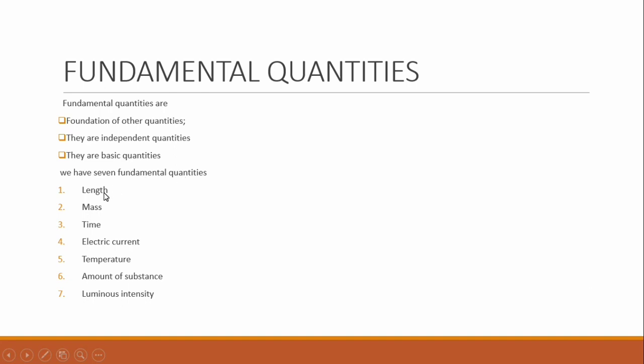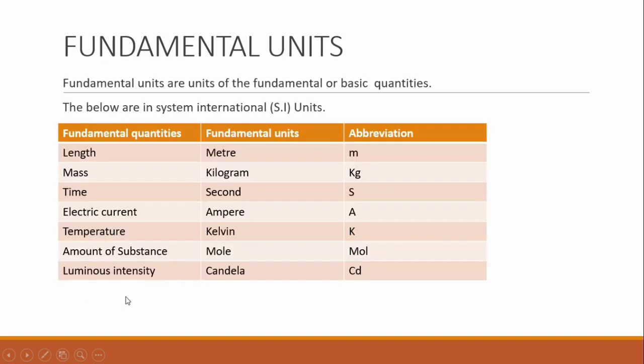The first one is length, 2 mass, 3 time, 4 electric current, 5 temperature, 6 amount of substance, 7 luminous intensity. This table shows the 7 fundamental quantities, the fundamental units and also the abbreviation.